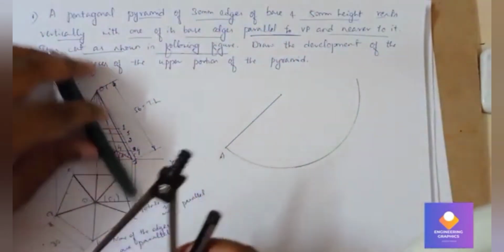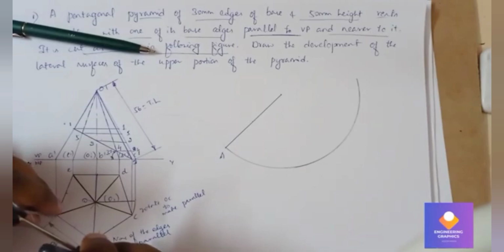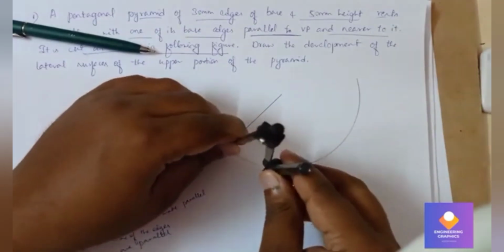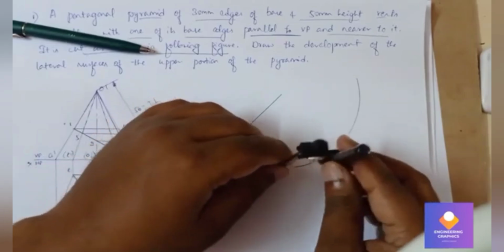Measure any one of the 30 mm edges, and cut 5 arcs here because it is a pentagonal pyramid, so you can cut 5 arcs.